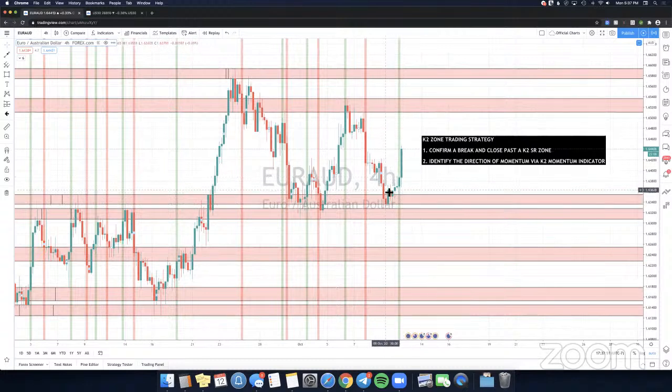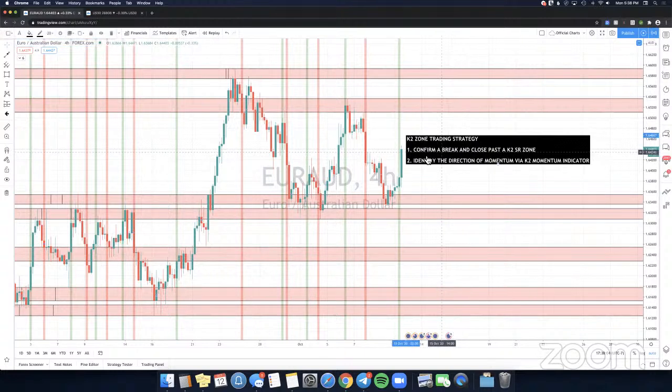But if it closes above it or below it, and it fulfills all of the other requirements, then yeah, you would take it. So like right here, price was within the zone, but right here, price broke the zone, right? If price broke the zone, that's the first requirement right there. Second requirement, identify the direction of momentum, which was right here. So price broke it, we have the momentum upwards, you would take a buy right there.